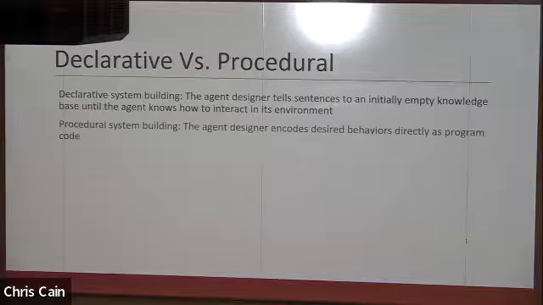Procedural says that we are going to now give the output to the system. We want you to be able to do this and this and this and some other thing. Here is some information, but figure out how to map the information to these particular outcomes. So as we write this, we are going to say, this is the desired behavior.